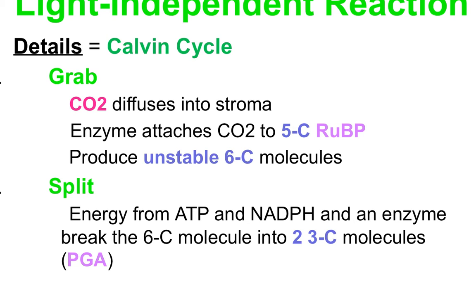So then energy from ATP and NADPH and an enzyme, they break that 6-carbon molecule into 2 3-carbon molecule sections. This 5-carbon section is called RuBP, and the 3-carbon section is called PGA.